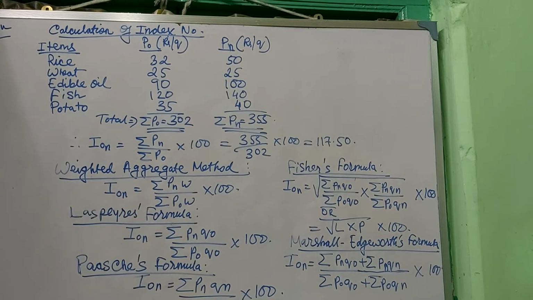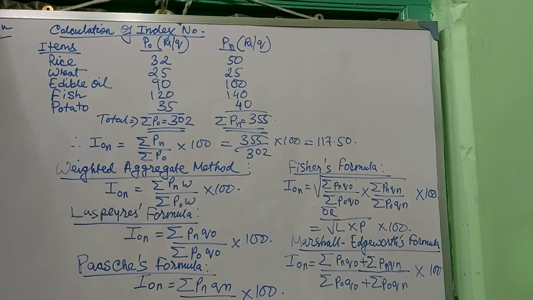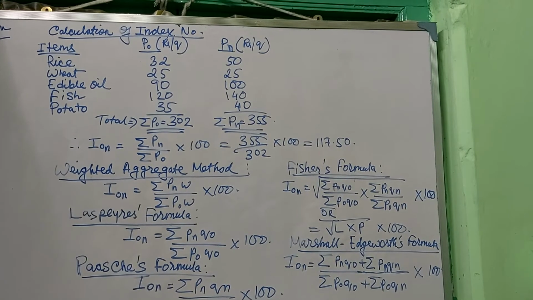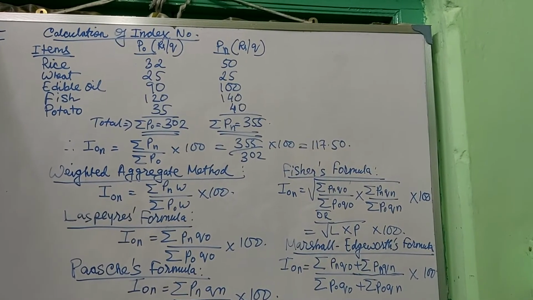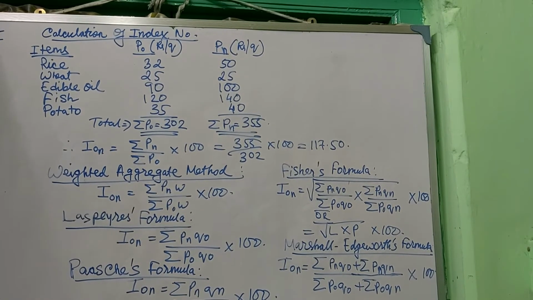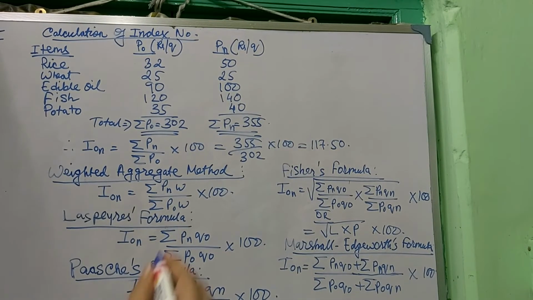Suppose from the following data, construct an index of 2018 taking 2015 as the base year using the weighted aggregate method. All the items are given in quintals: rice, wheat, edible oil, fish, potato, and the weights have been provided.